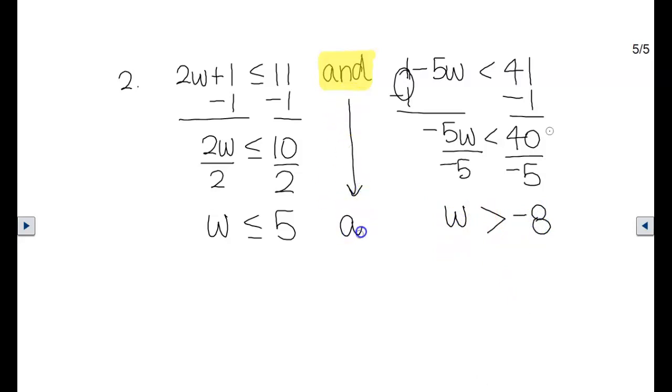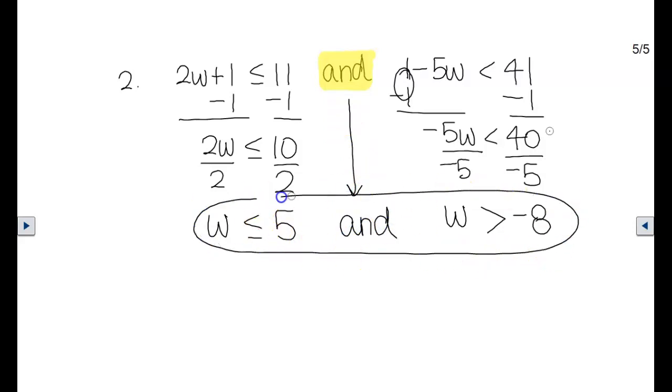And let's not forget that this was an and. So this solution is telling me that my numbers for w have to be two things. They have to be less than or equal to 5, and at the same time, they have to be bigger than negative 8.